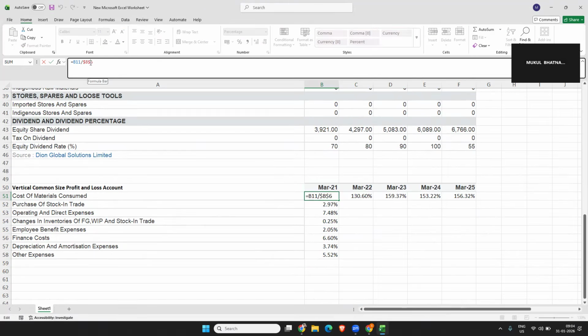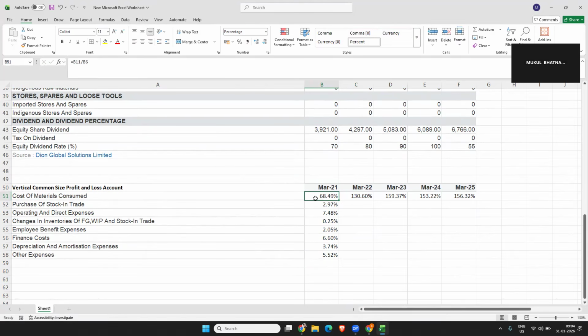So I need to first remove it, because every year's expense needs to be compared with its respective sale. I will remove the dollar sign and then drag it. Now, along with the expense, the sales will also move. So first apply the dollar sign, then remove the dollar sign. By the application of the dollar sign, you scroll downwards, and by the removal of the dollar sign, you scroll rightwards.